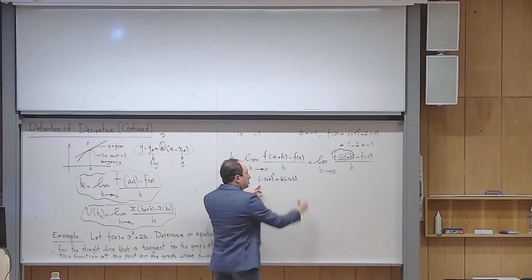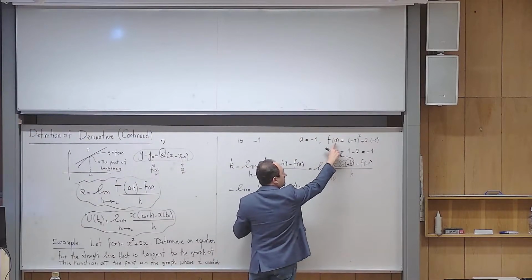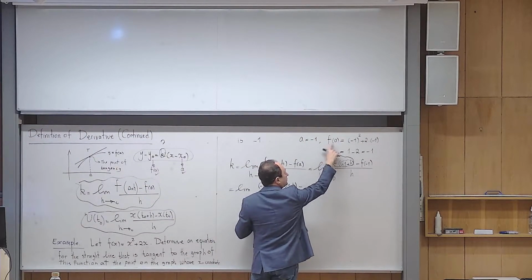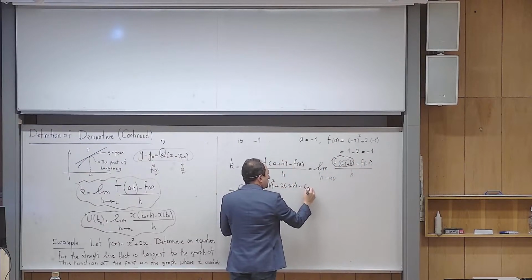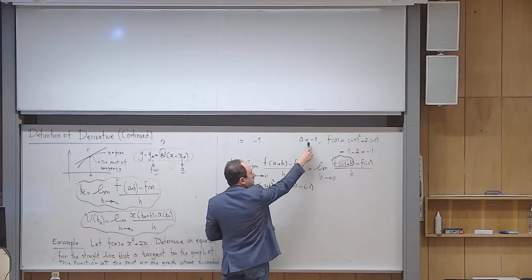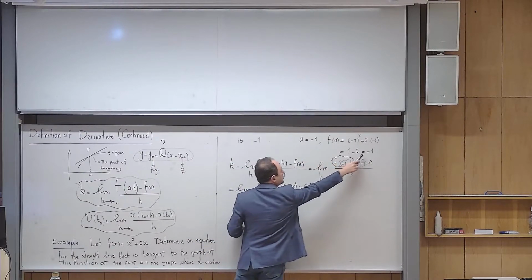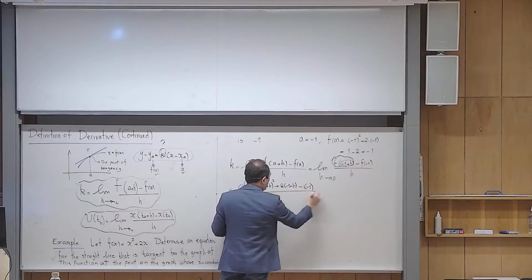Yes? And then minus, what is f of minus 1? I have already calculated that f of a is minus 1. So this is f of minus 1, and it is minus 1. So it is minus minus 1. It was a coincidence that the input and the output are the same in this case. And then divided by h, as h goes to 0.